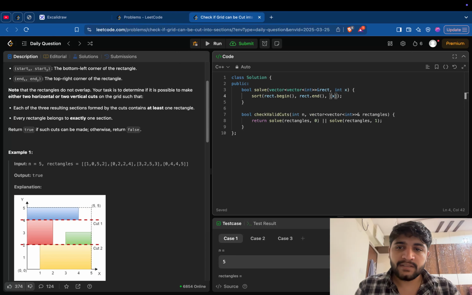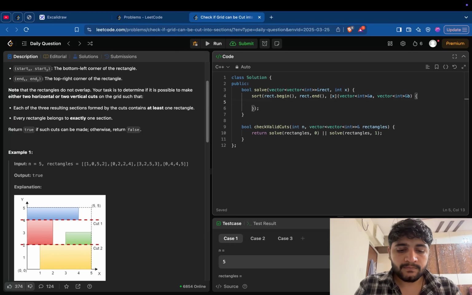So on the basis of the xth element, we will get two vectors obviously. Let's say one is a and second is b. Let's reference them by their values, and it will return a[x] is less than b[x].